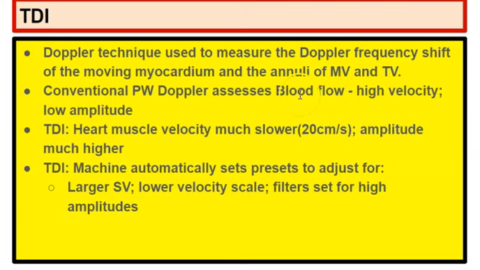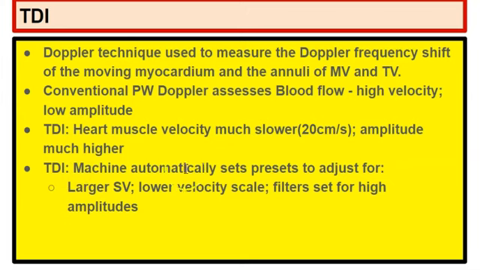Conventional PW Doppler assesses blood flow. Therefore, it's high velocity and low amplitude. Tissue Doppler imaging assesses muscle movement: much higher amplitude, much lower velocity. You can see here our velocity is 20 centimeters per second, whereas our scale in Doppler is 200 or more.